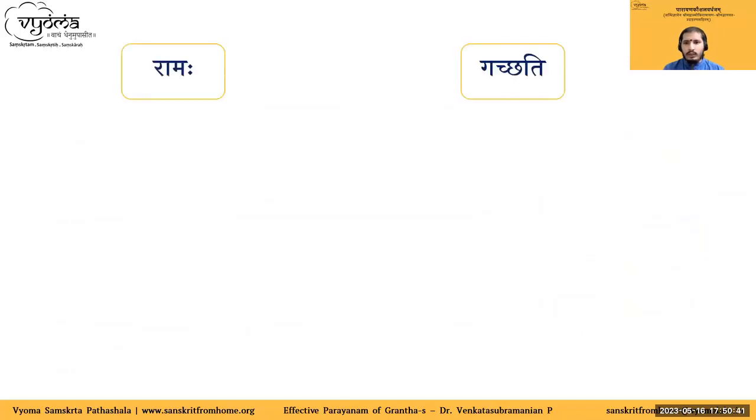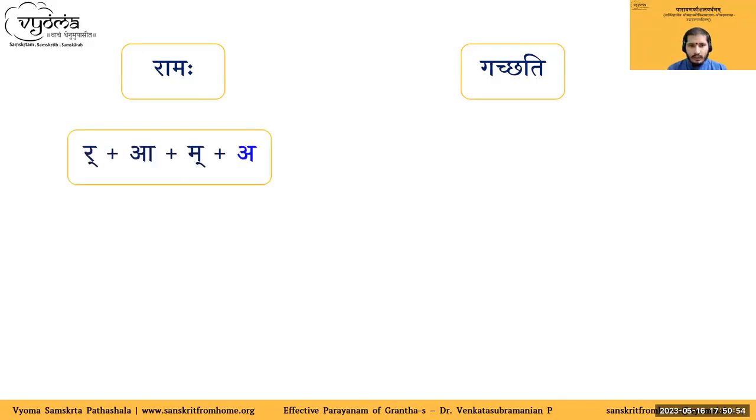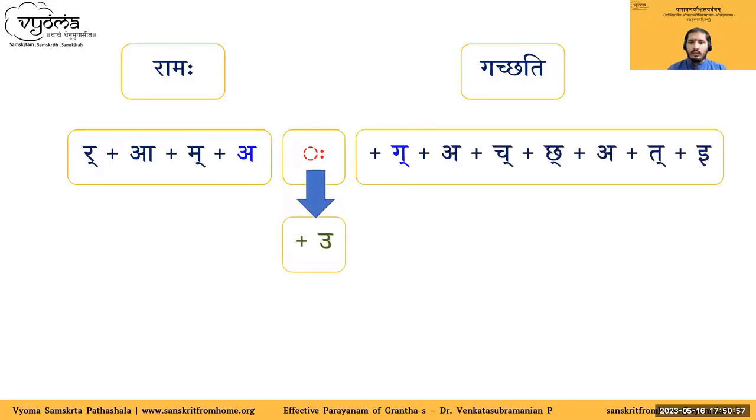Let's see how this sandhi occurs through an example. Ramaha gacchati is an example. This is split as Rama and visarga, then gacchati. According to the sandhi we just saw, we get ukaradesha in place of visarga, because in the purvavarna we have hrasva akara, and in the paravarna we have kakara, which is a mridu vyanjana, since it is the third letter of the kavarga.